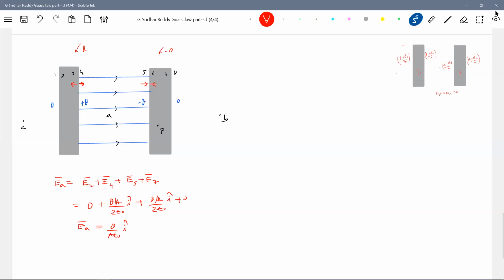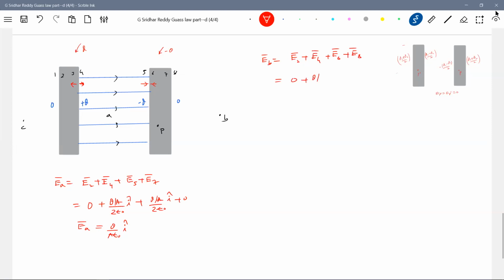Similarly, field strength at point B. Who all will contribute? 2, 4, 6, and 8. Due to 2 it will be 0.